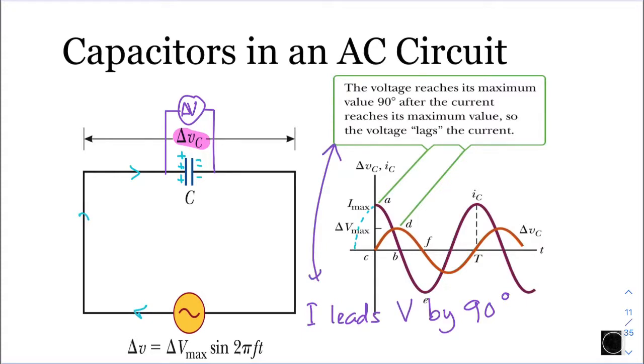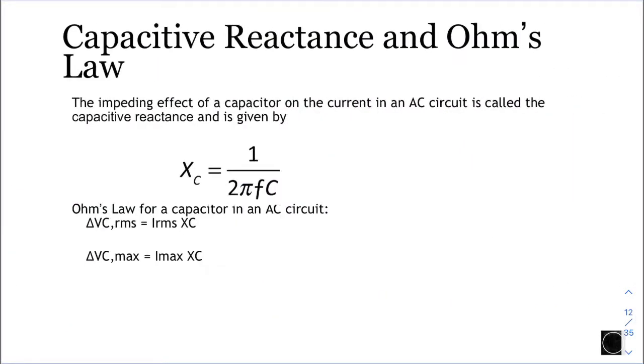Either one, right? So then capacitive reactance. The moment current flows within the capacitor, there is an impeding effect of the capacitor on the current. What does that mean? It means that the moment current tries to flow into the capacitor, it is going to say, no, you are not allowed.